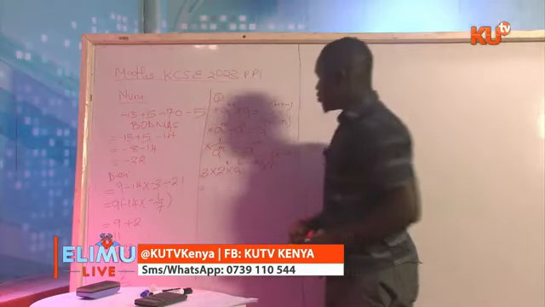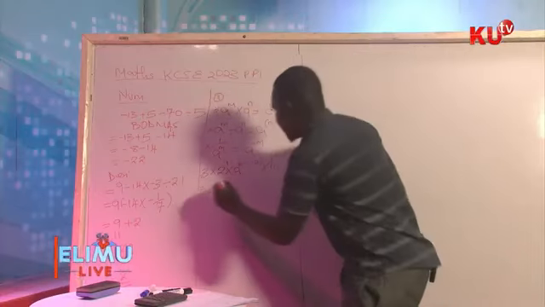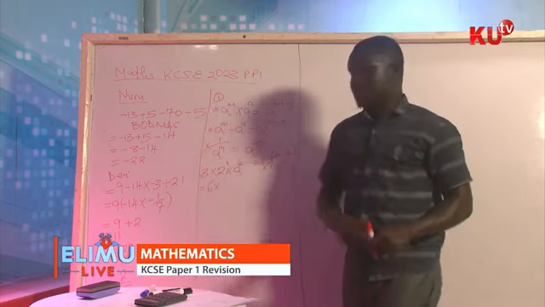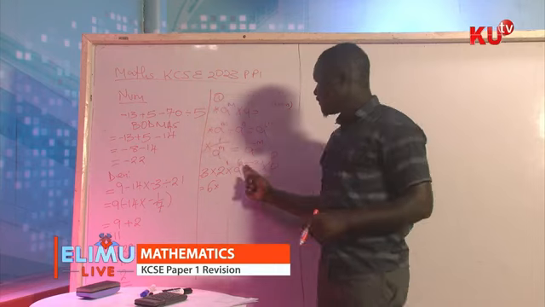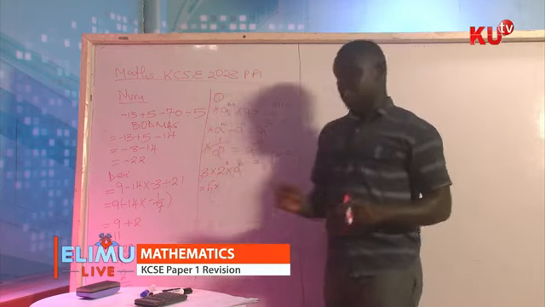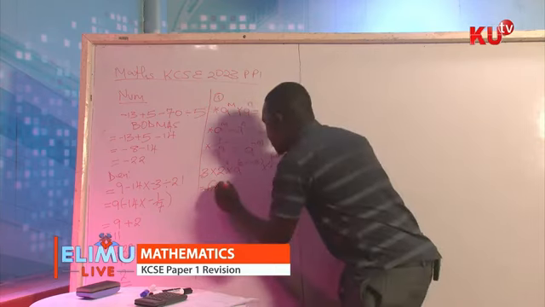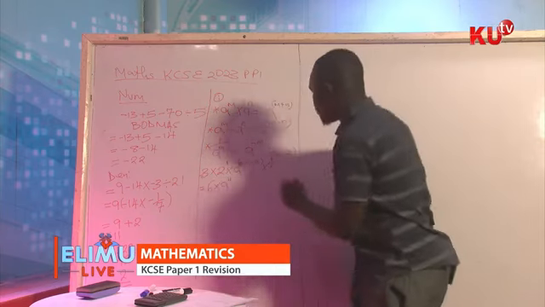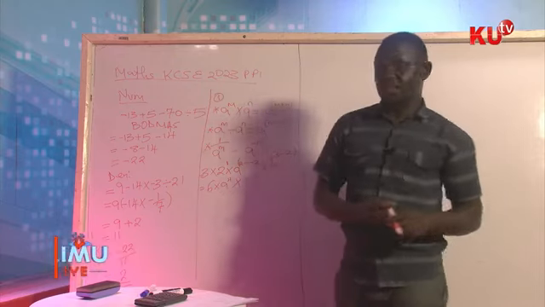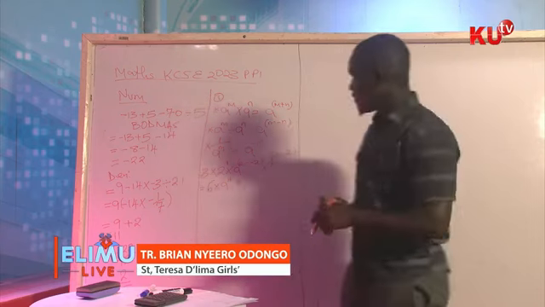So this is 2 power 1 times 3 is 6, times a raised to power 2 minus negative 2. A negative times a negative evaluates to a positive. So 2 plus 2 is a 4. So this becomes a power 4. Then times b, negative 3 minus 2 becomes negative 5.